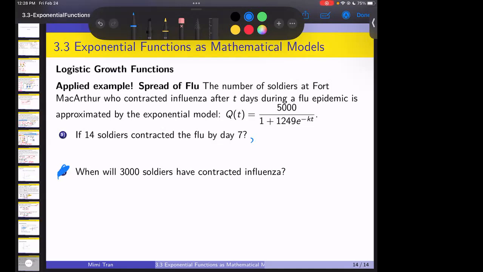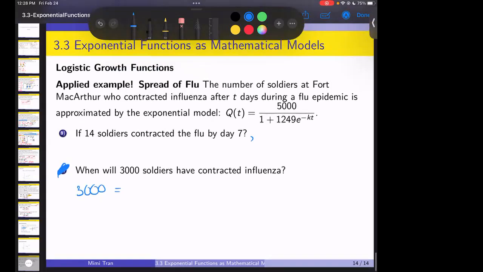Time. Yeah, right. When they're asking you when, right? So we're looking for T. Q of T is your number of soldiers infected. So when there are 3,000 soldiers infected, what is that time?